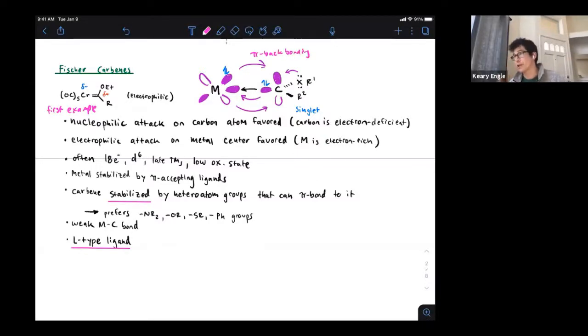And the stabilization that comes from having these heteroatom substituents is that the lone pairs from those heteroatoms can further donate into this quasi-unoccupied orbital of p symmetry on the metal.